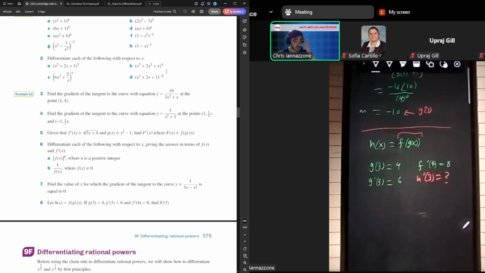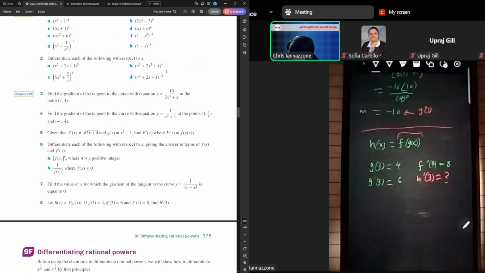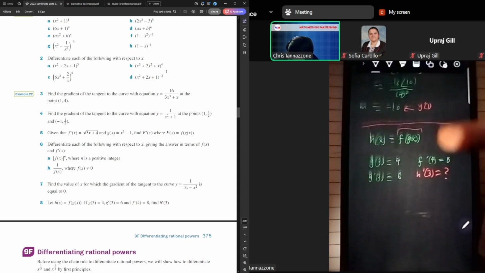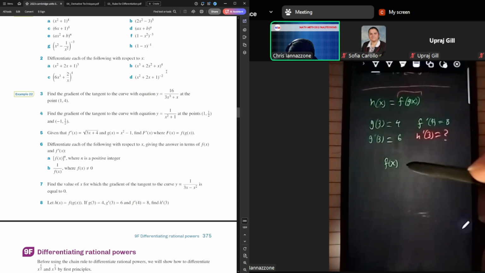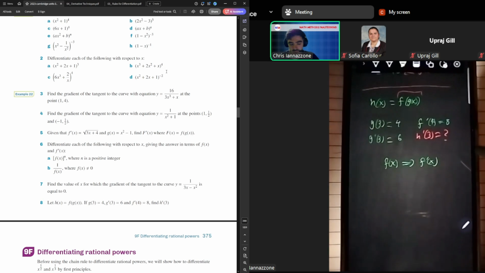But we do have an advantage. If I just had some generic function f of x, I know that its derivative will always be called f dash of x, and that we can work with. So even if we don't know what the original one is, we know it's going to be called f dash no matter what.